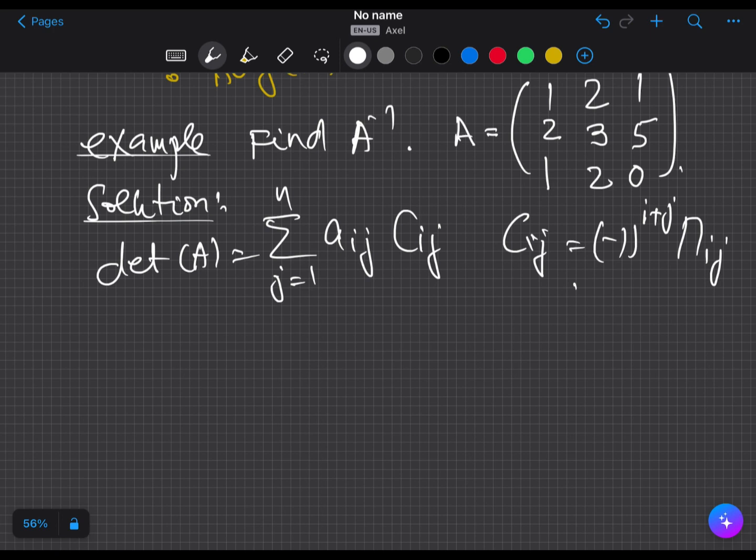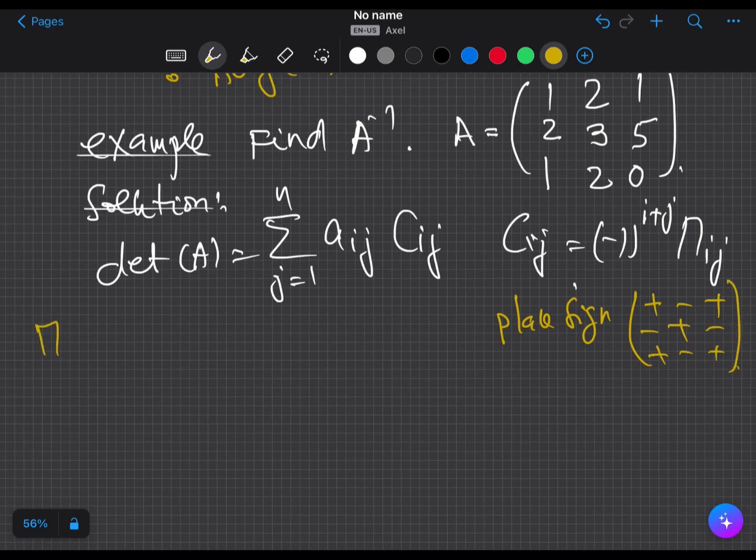We already know the elements of A. So if we want to find the minor, let's remember that we have what we call the place sign, which is this, for a 3 times 3 matrix.